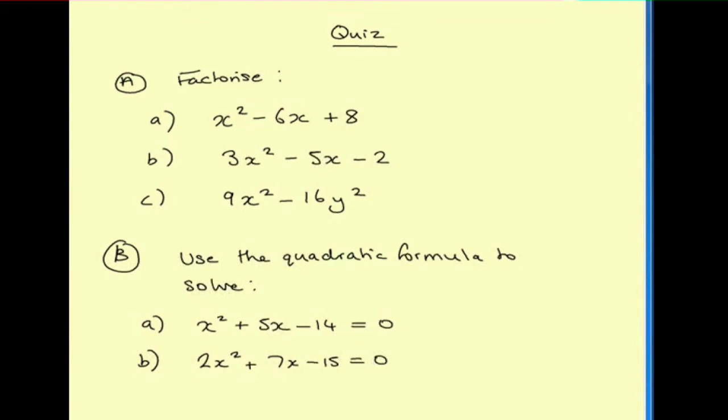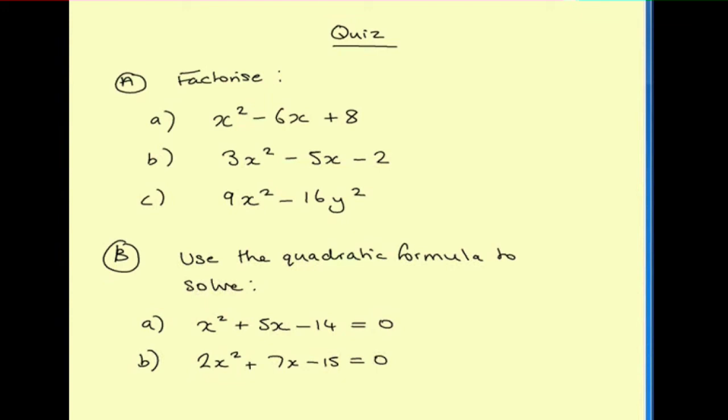Okay, so it's time for a quiz now. So let's have a look at the questions. The first one in part A is factorise x squared minus 6x plus 8. The second one is factorise 3x squared minus 5x minus 2. The third one, factorise 9x squared minus 16y squared.